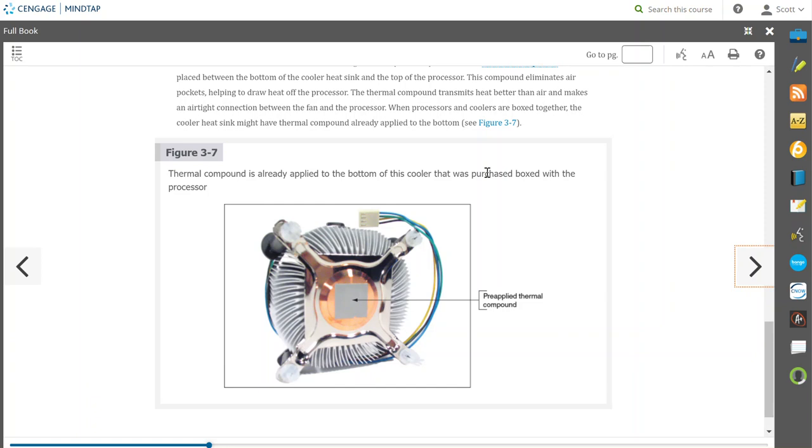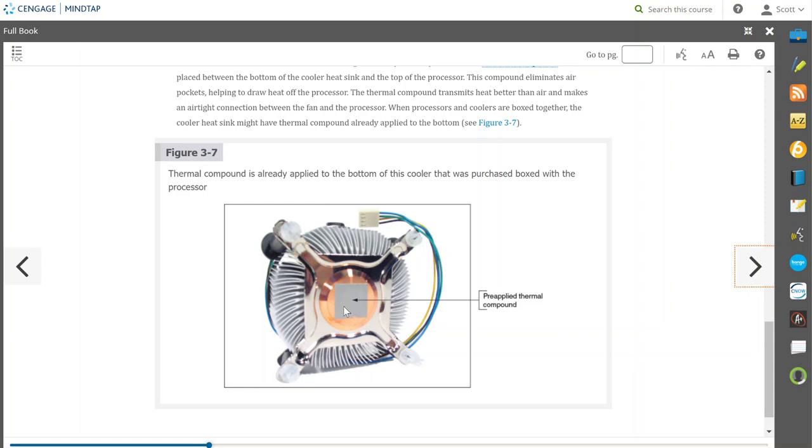We've got, I talked before about the paste. I call it a thermal compound or thermal paste. And what it is, it kind of looks like toothpaste in a way. It has materials in it, not to make your teeth white or clean your teeth, but to allow for a transfer of heat from one surface to another.